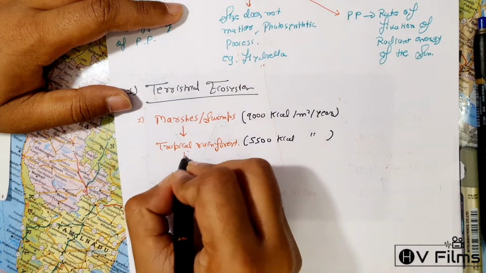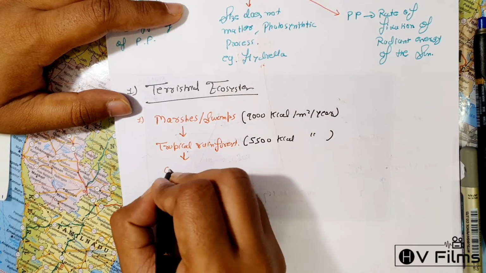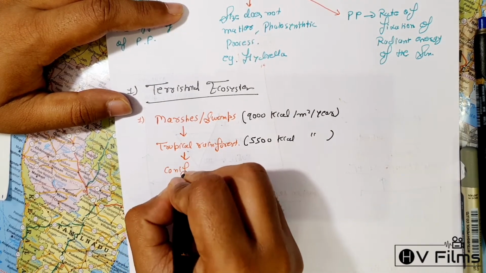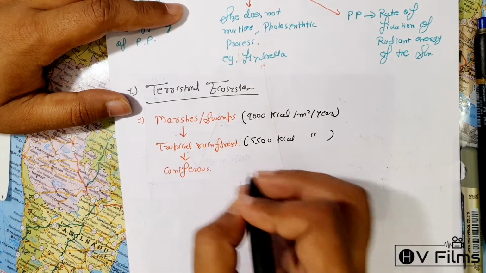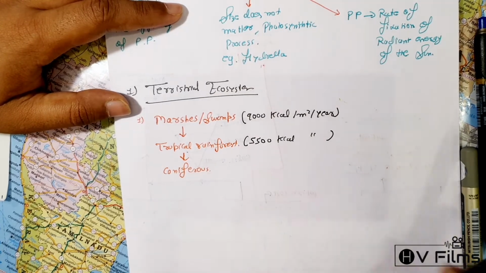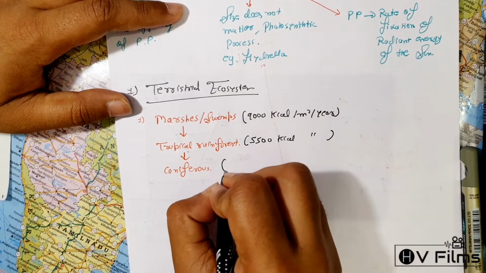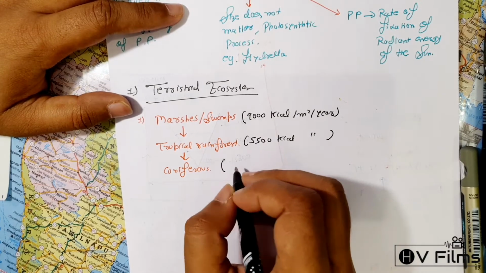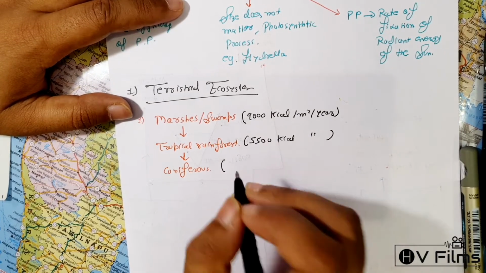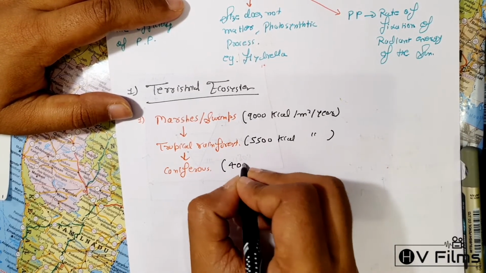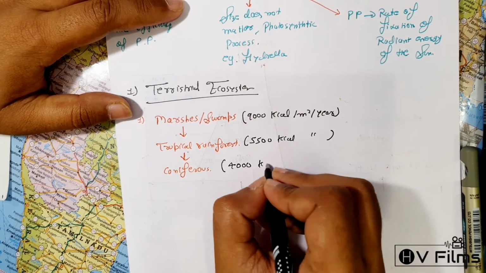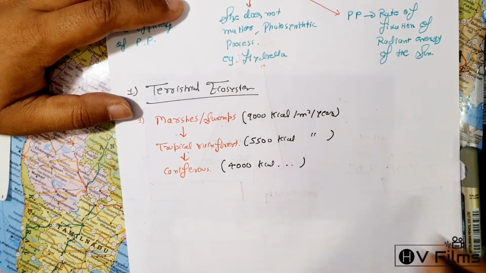Then it is the coniferous. Because in the prelims MCQs, they can ask you to arrange the following in ascending or descending order as per their productivity in a terrestrial ecosystem. In that case, you should have a brief idea of all these kilocalories, right?